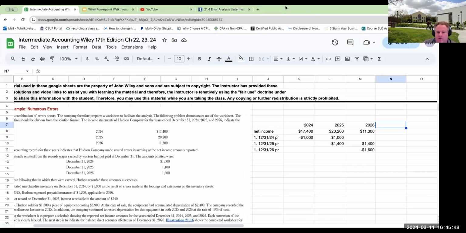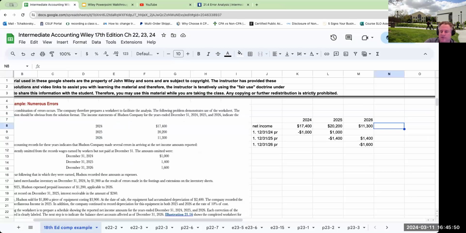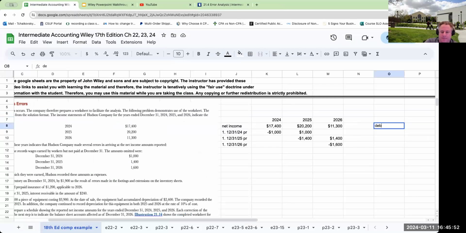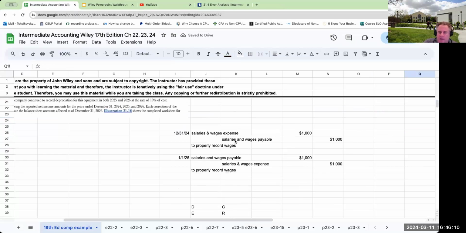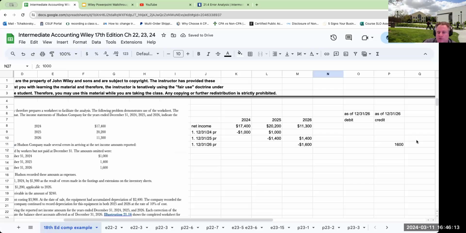Well, over here for 12/31/26, I'm going to be crediting this for 1,600. Why is that? It's because I have over here my salaries and wages payable. So this is basically salaries and wages payable.